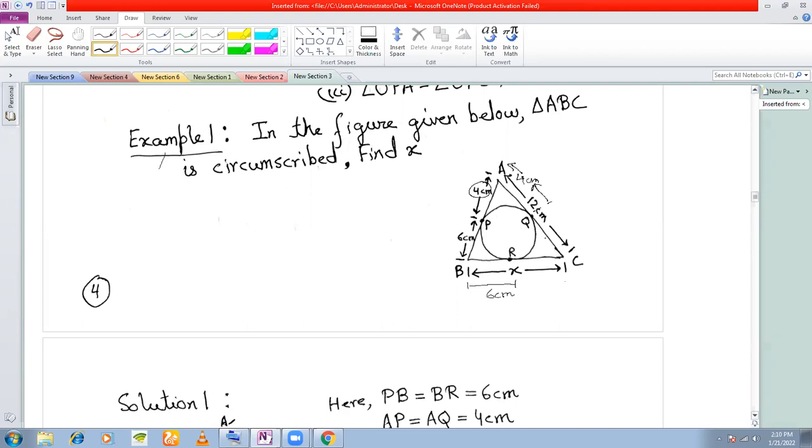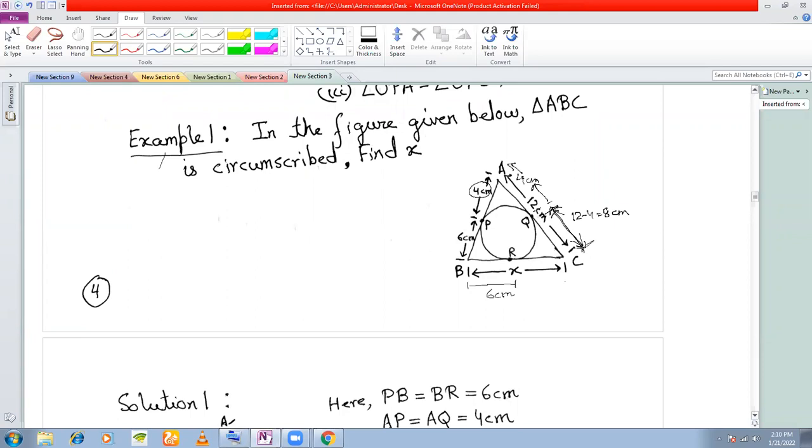Now, once we get this as 4 centimeter, what is the remaining length here? This entire length AC, if you see, is given as 12 centimeter. So this length here is 12 minus 4, which is equal to 8 centimeter. This length here is nothing but CQ, which we have found to be 8 centimeter.